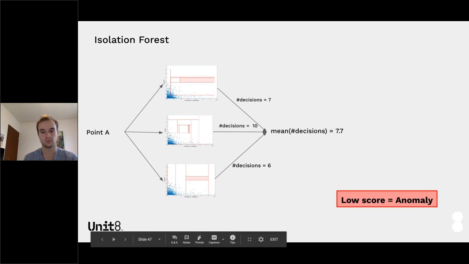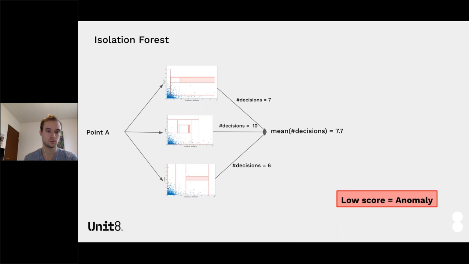So as a result, the isolation forest, in fact, repeats the process you saw above many times. Each individual number is produced by one random decision tree. Here you see 3 random decision trees, but in practice, at least 100 are used. The average of all these scores forms the basis of the anomaly score.